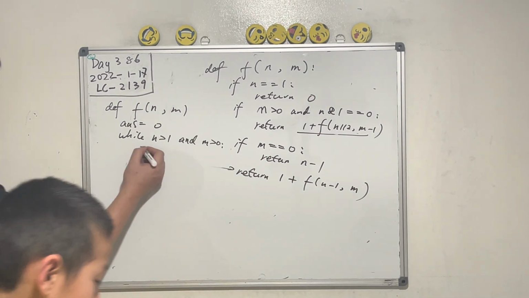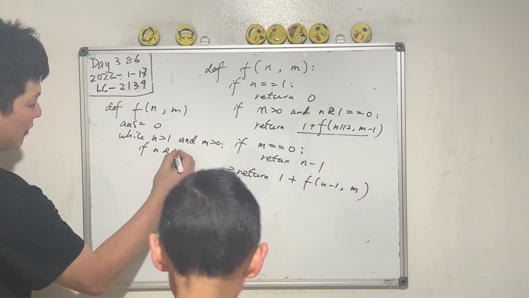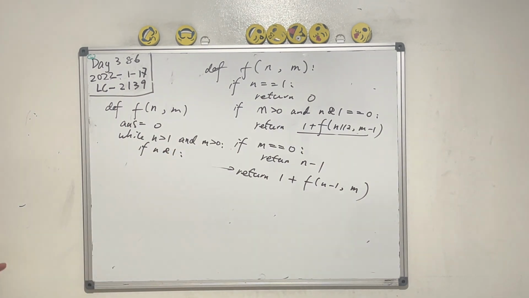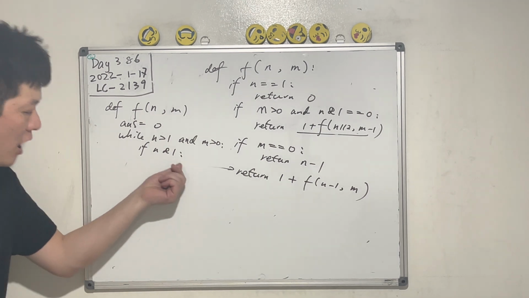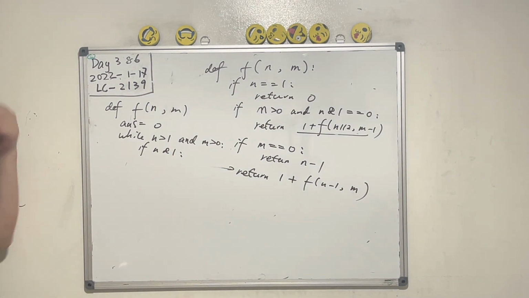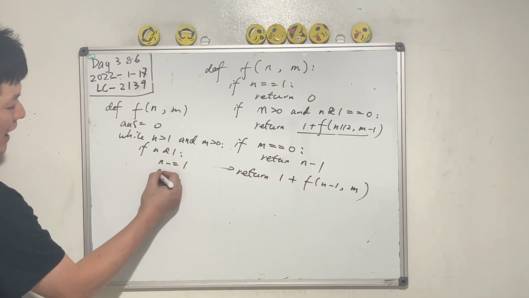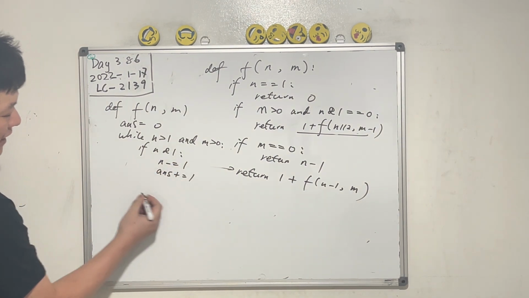If n is an odd number, we can only subtract 1, so n minus equals 1, and the answer plus equals 1, right?